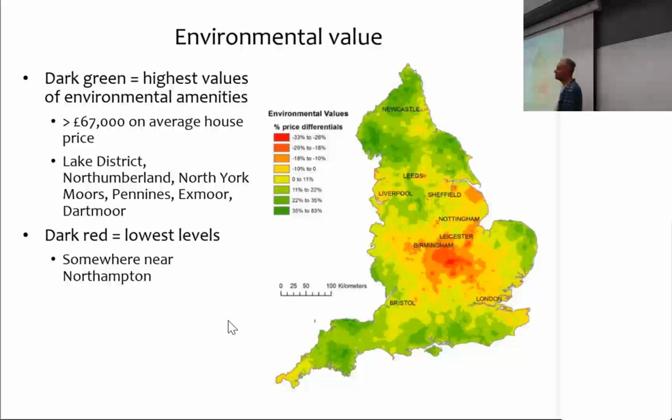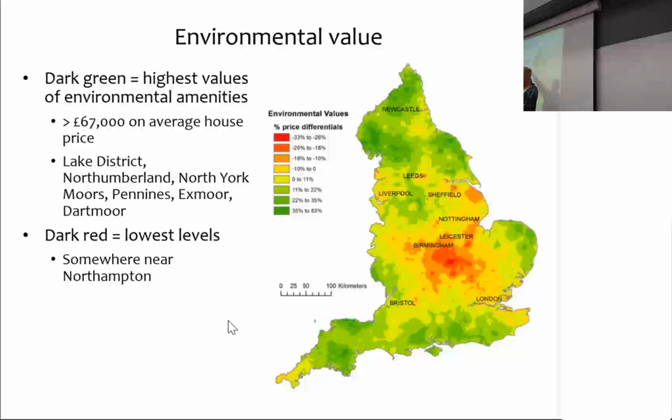This part of the country is desperate for its environmental quality. The lowest is somewhere near Northampton. Somewhere here, right, in a natural environment, far away from anything that might look nice.